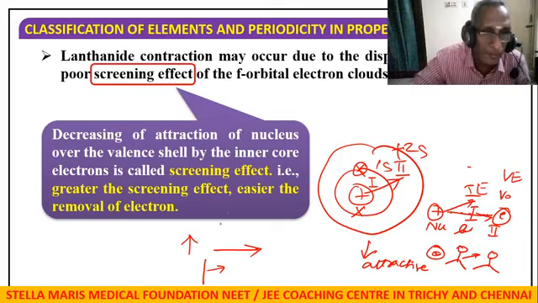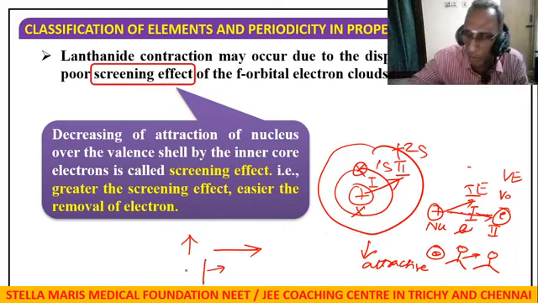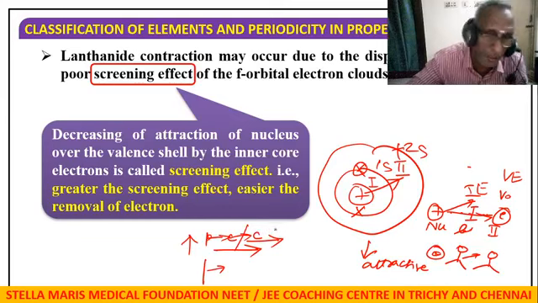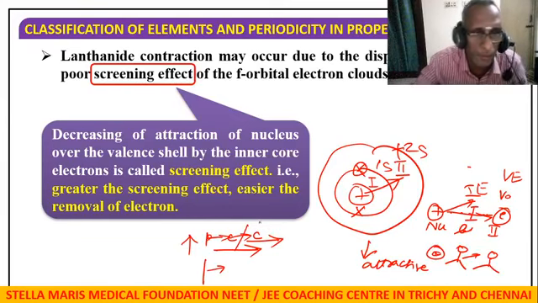Here also the valence electron escapes due to the inner shell electrons. If it goes away from the nucleus, it has lost control over the nucleus. Similarly, one policeman is standing, one culprit is standing here, another culprit here. If the policeman's view is blocked, the culprit will easily run away. He has to have a proper look, otherwise the culprit easily runs away.